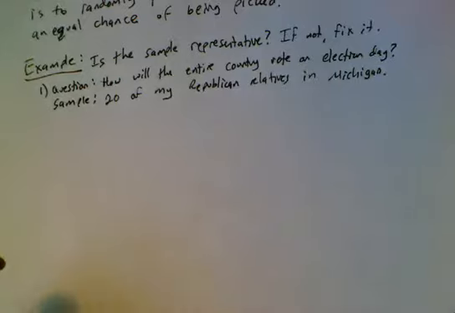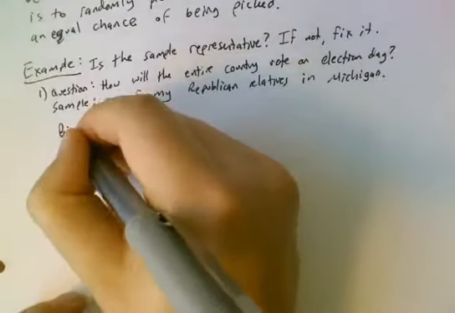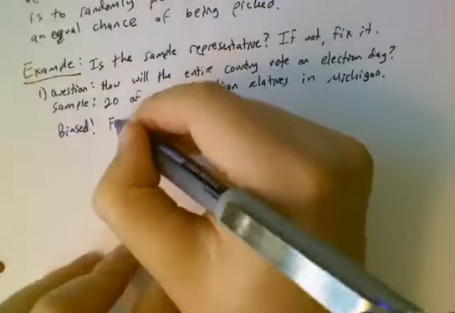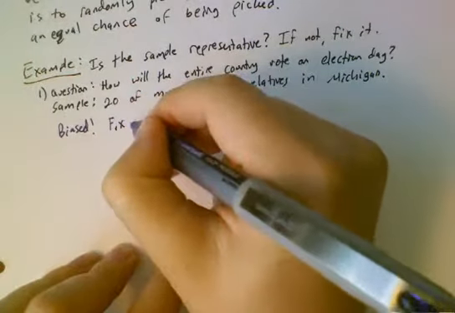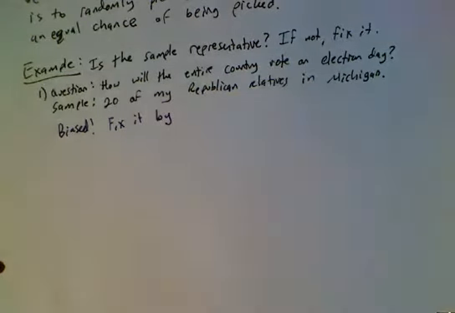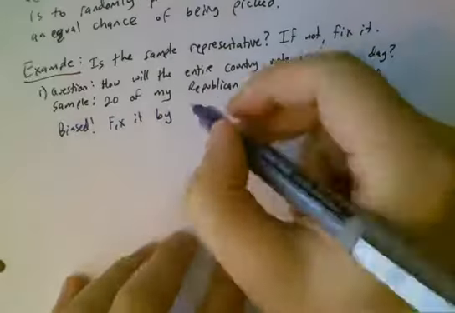So this is not representative. This is a biased sample. We can fix it by randomly choosing likely voters all over the country. So not just Republicans and not just people in Michigan.